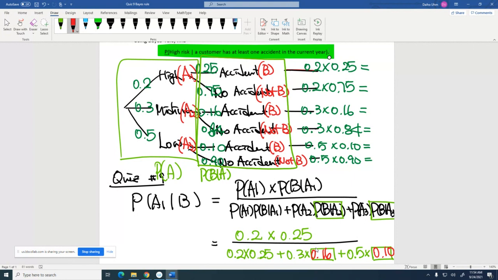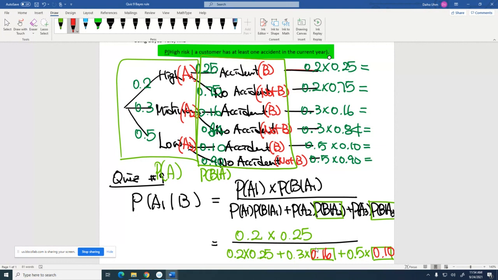Is that right, or is this? 0.2 times 0.25 is 0.05, and the first one is 0.05, and the next one is 0.3 times 0.16, which is 0.04, good.